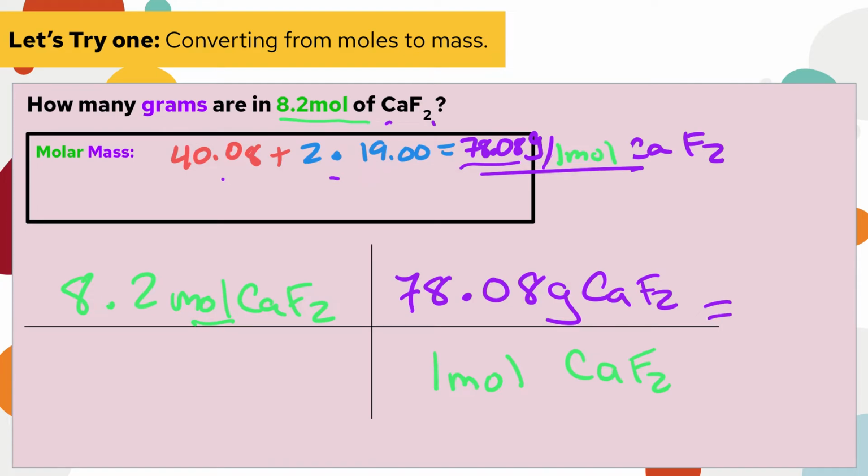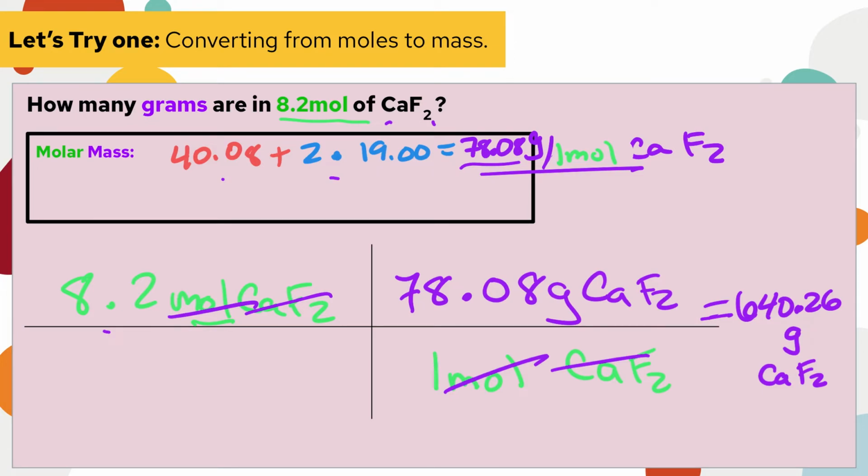And then when we do the math, our moles cancel, and we're left with 8.2 times 78.08 equals 640.26 grams CaF2.